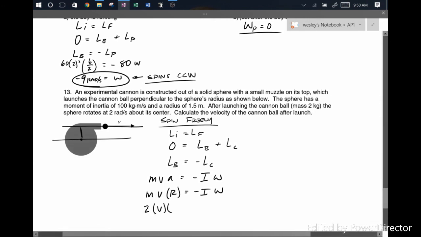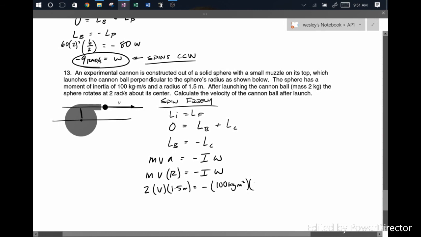We don't know its velocity. We do know its radius, 1.5 meters. And the cannon has a rotational inertia of 100 kilogram meters squared. And it's moving with a rotational velocity of 2 radians per second.